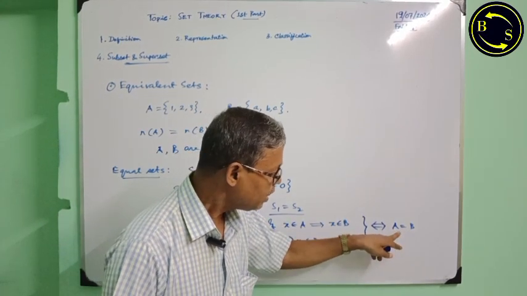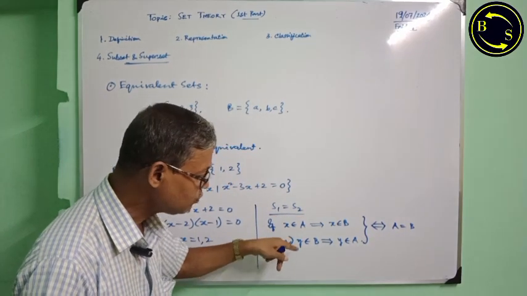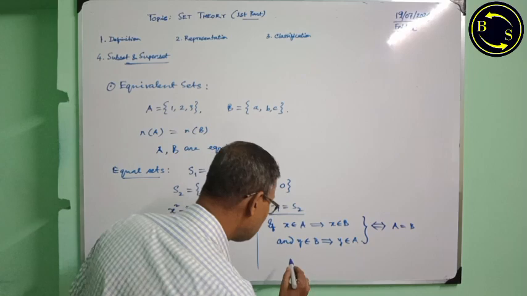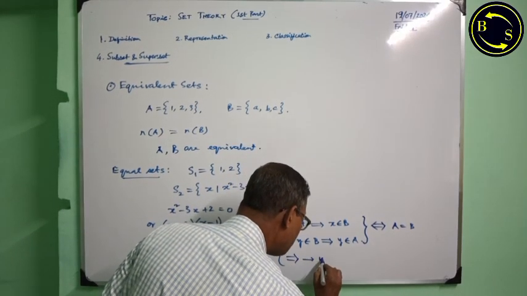Also, if the two sets A and B are equal, then we get these two implications.